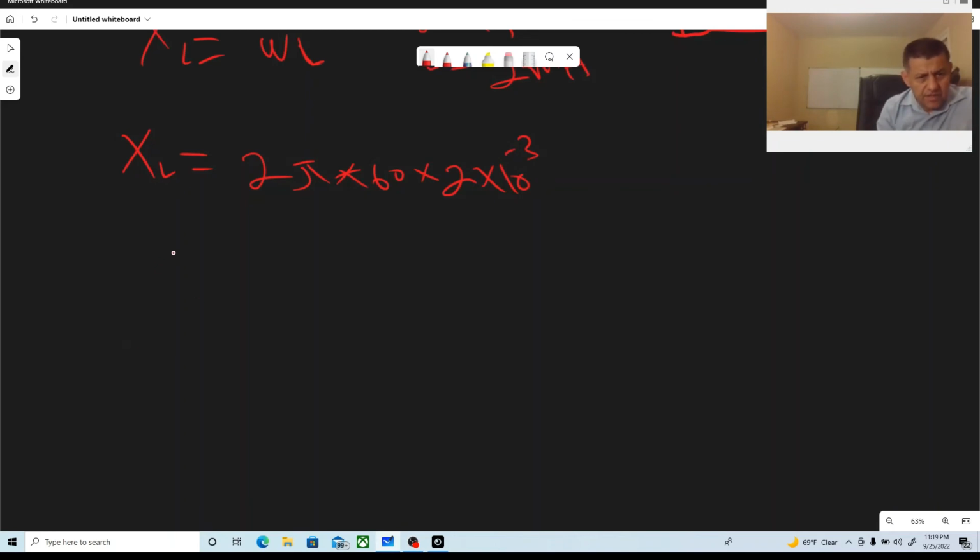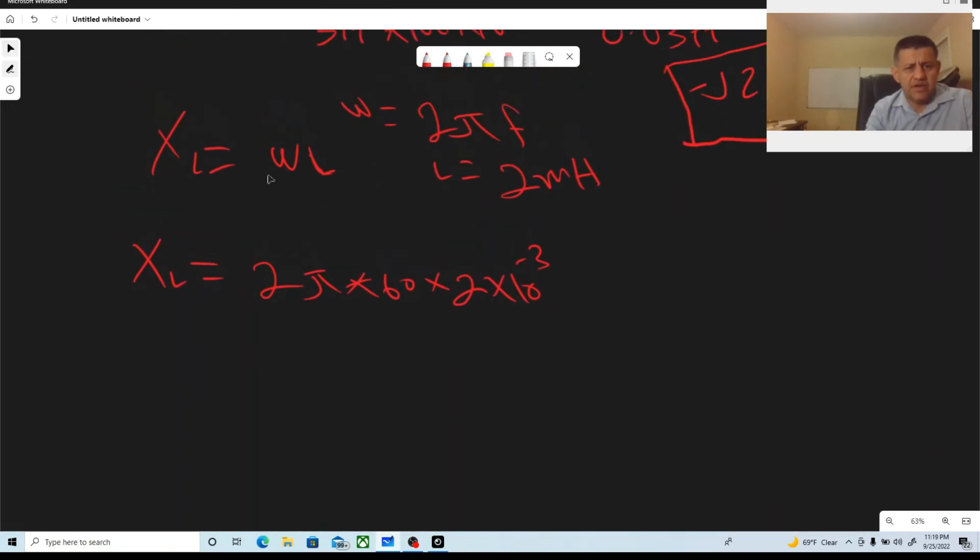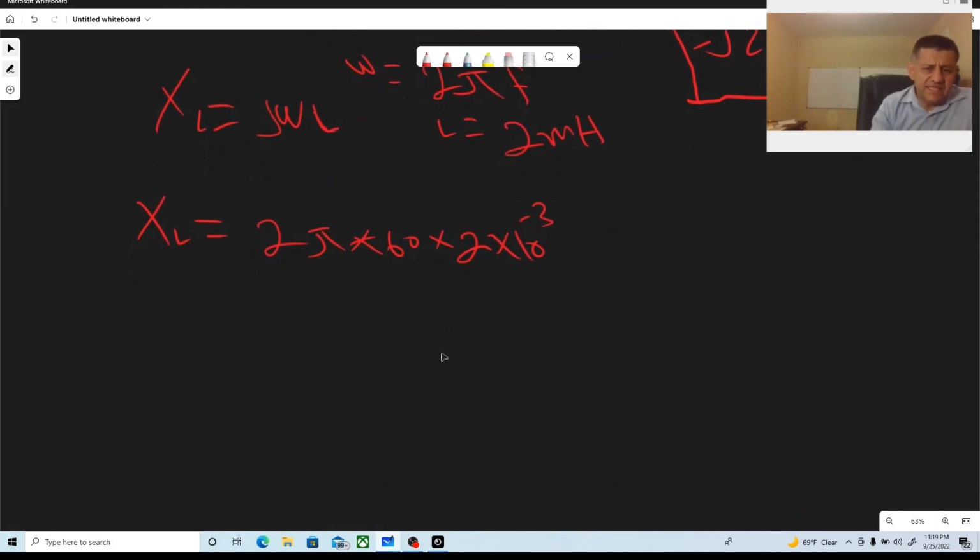Also remember, this indeed should be j omega L. So in this case, we will have a value of XL equal to j 0.75. Now, what will be the final answer?